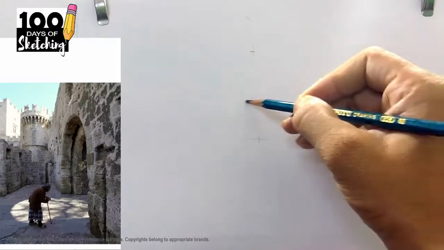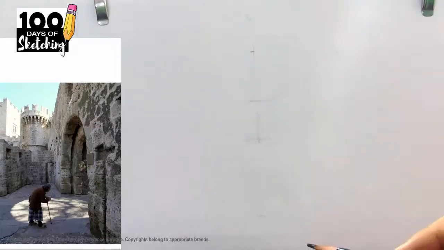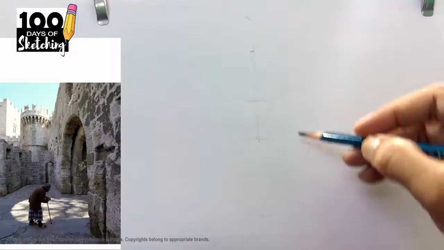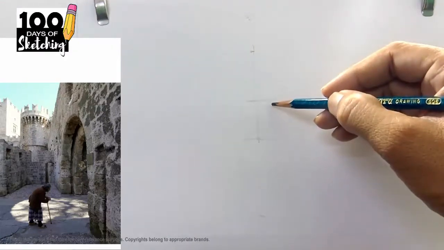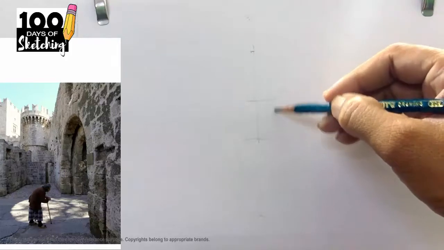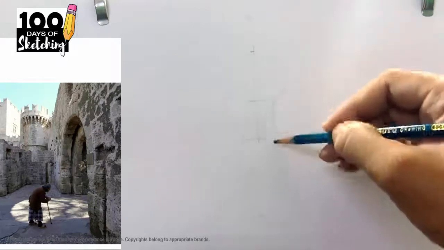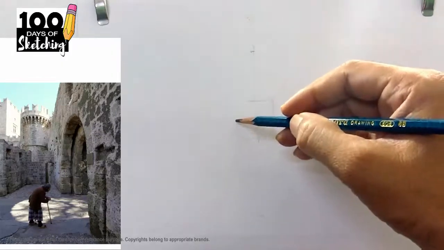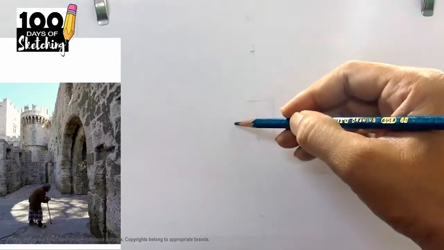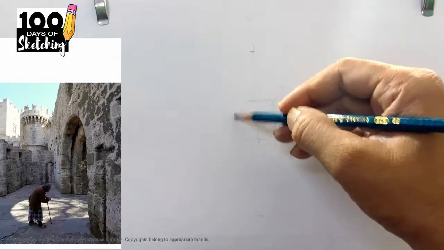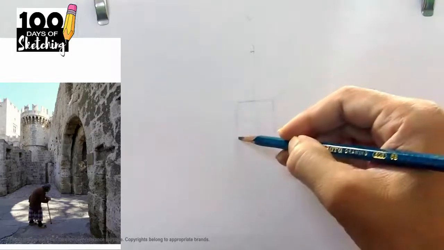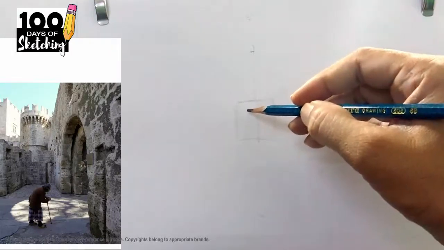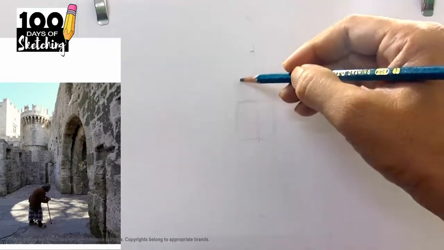What I am exactly doing now is getting the proportions right, how tall the wall is and how tall the cylindrical form is.